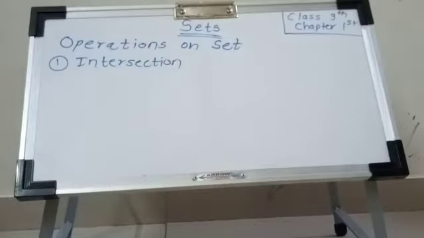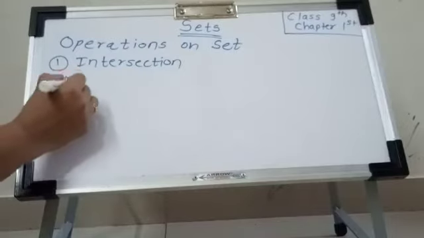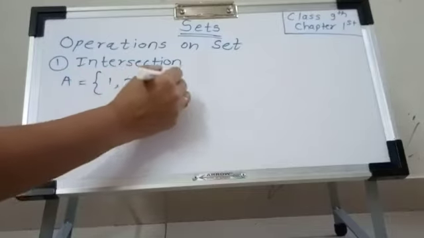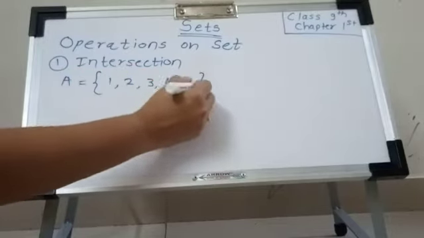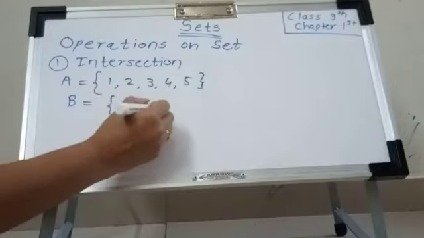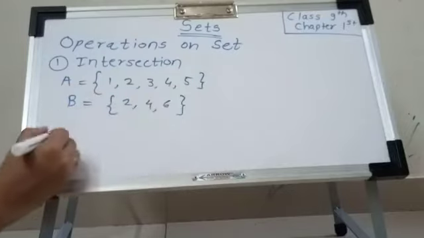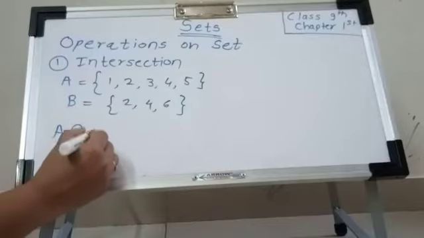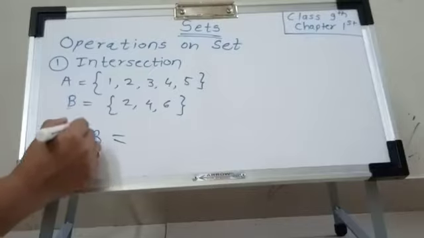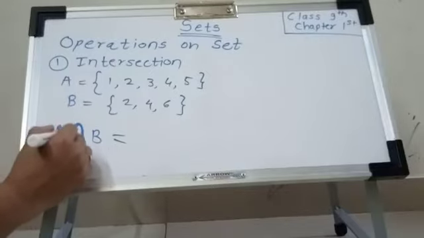Intersection of sets. Suppose A is a set having elements 1, 2, 3, 4, 5 and B is a set having elements 2, 4, 6. Now we write the intersection. This sign, the opposite U, is called intersection.